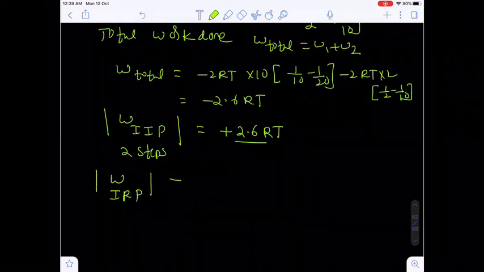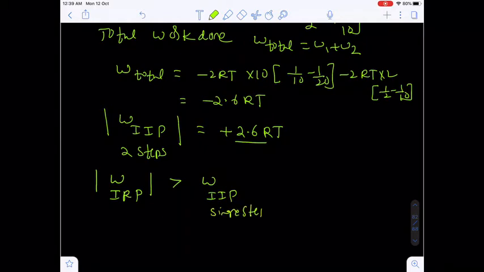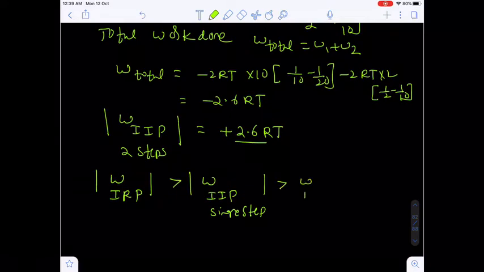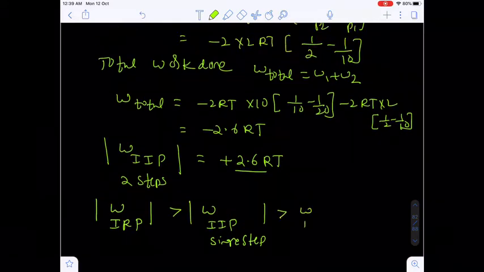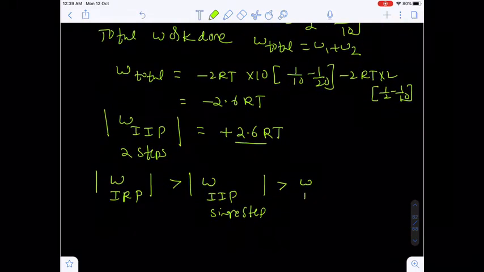That means overall, shall I conclude, the magnitude of work done in the isothermal reversible process is greater than work done in the isothermal irreversible process in 2 steps, which is greater than work done in the isothermal single step. What is the single step value here? 1.8. Just wait.